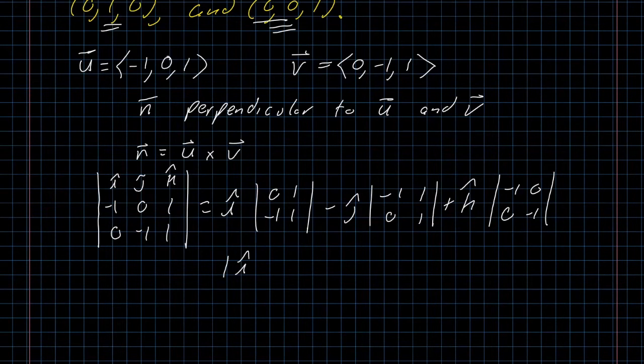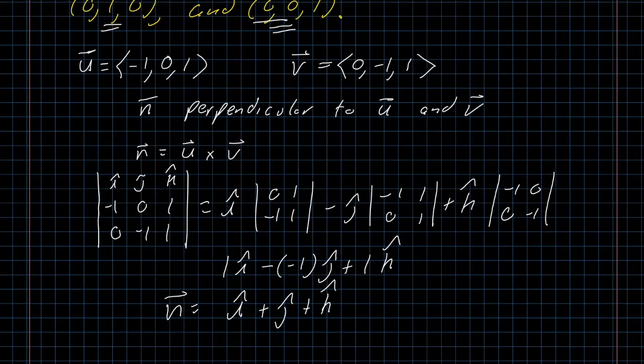I'm going to end up with negative 1 minus 0, which is negative 1, so minus negative 1 j hat. And then negative 1 times negative 1 is 1, so I get plus 1 times k hat. A very boring vector n is going to be i hat plus j hat plus k hat. I'll take it, it works.